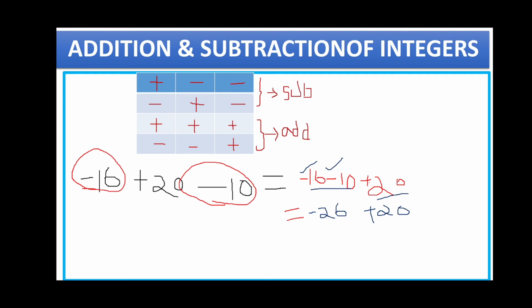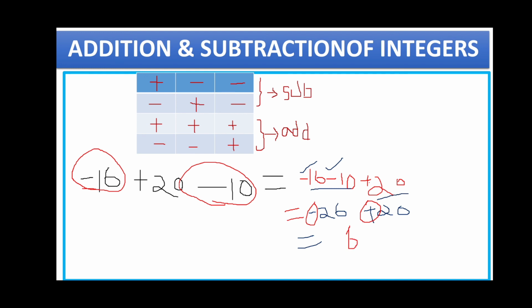If you observe, 26 has a negative sign and 20 has a positive sign. That means the signs for the integers are different. Whenever the signs for the integers are different, we have to do subtraction. If we do subtraction for minus 26 and plus 20, we get our result as 6.